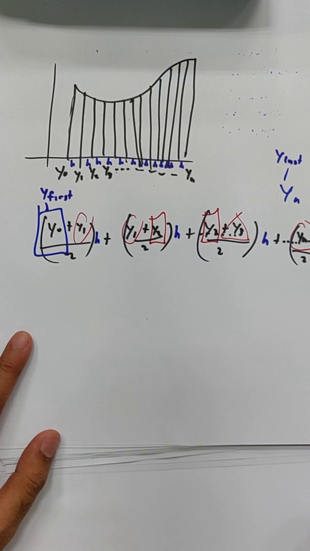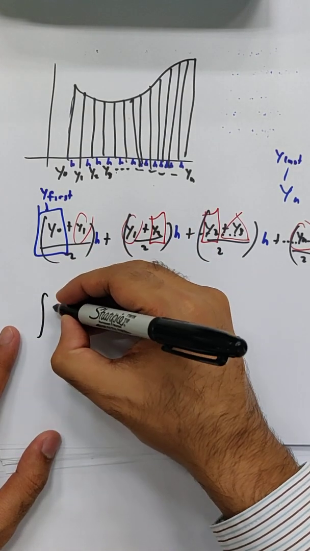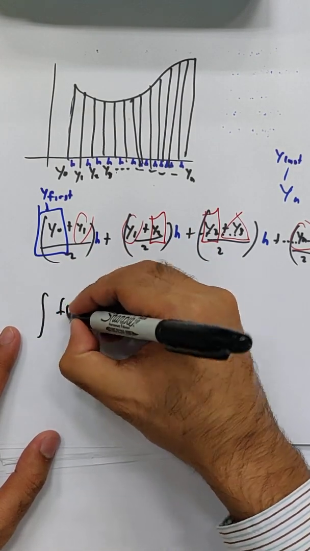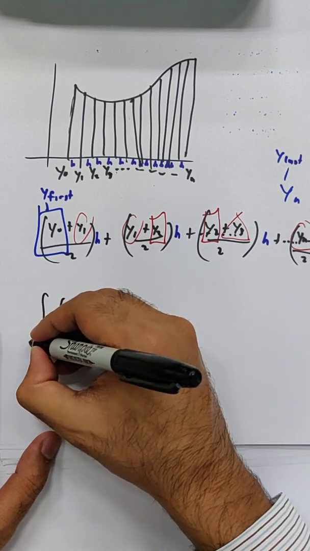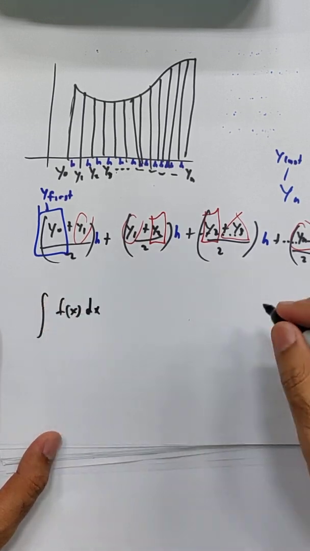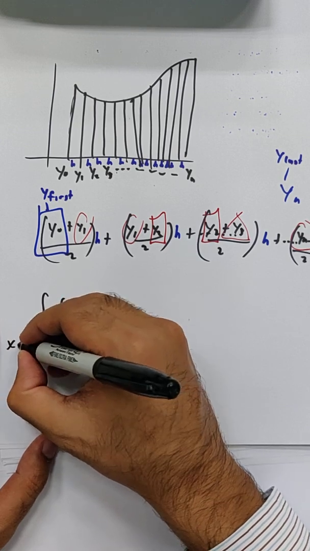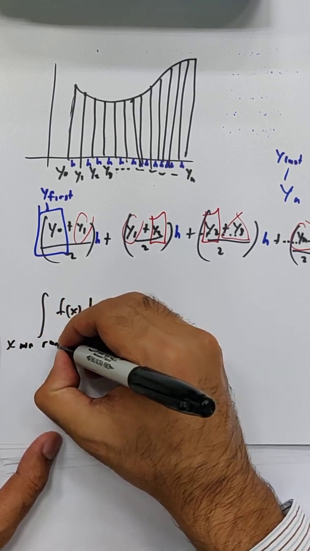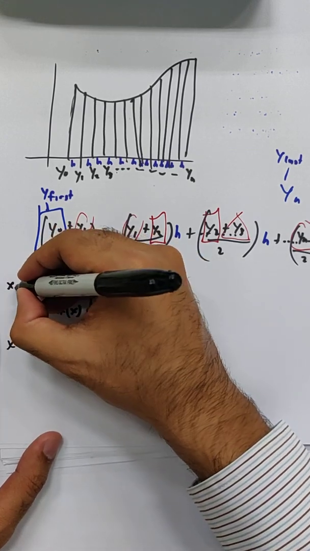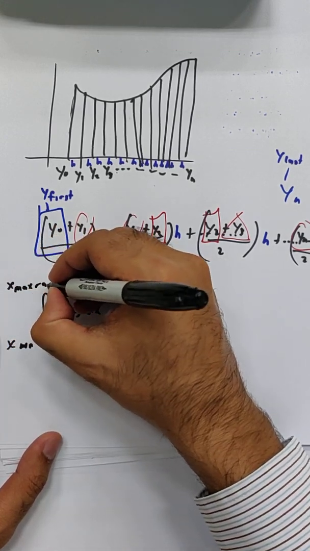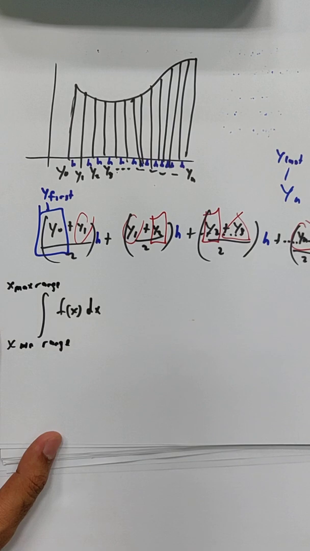So the trapezoid rule, instead of integrating f(x) dx, where a and b, I call it the X min range and X max range. What do I mean by that?